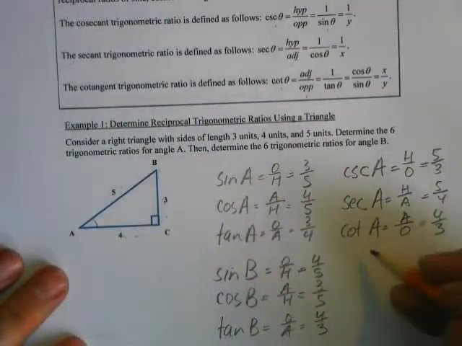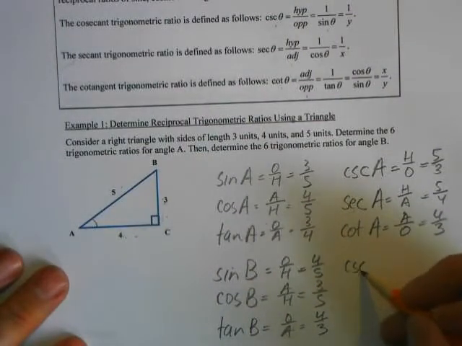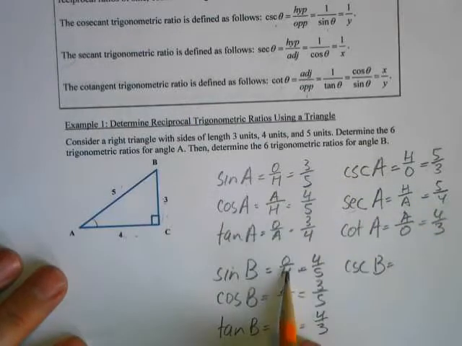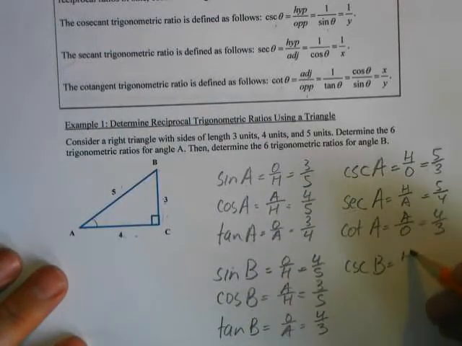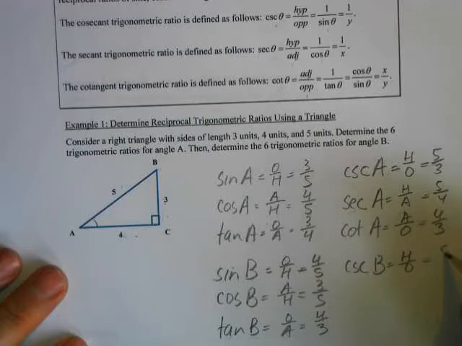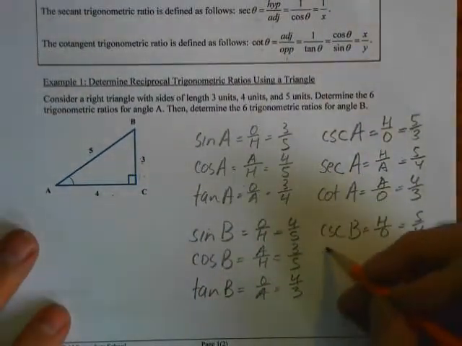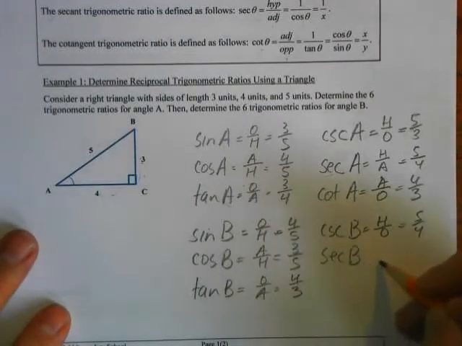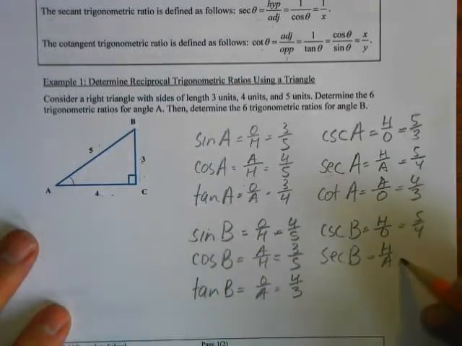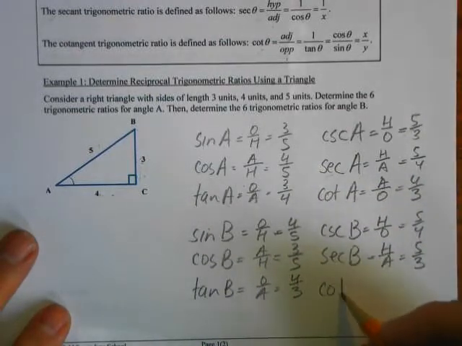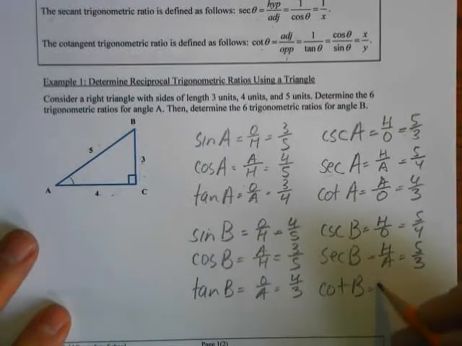So the reciprocal of sine is cosecant, so cosecant B. Everything is flipped from this, h over O, which is 5 over 4. And then we have secant of angle B is hypotenuse over adjacent, flipped, which is 5 over 3. And finally, cotan of B is adjacent over opposite, which is 3 over 4.